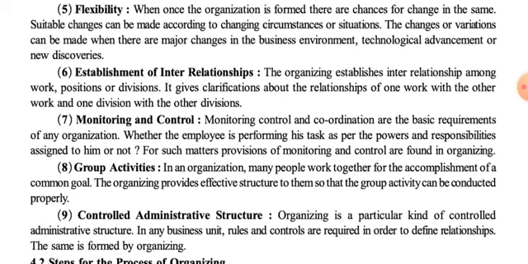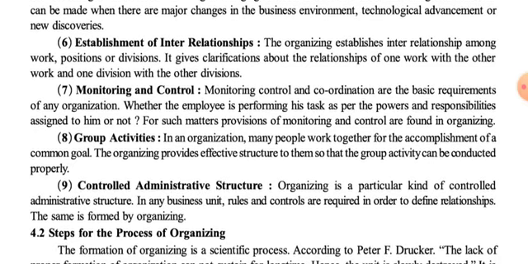So the main work of monitoring and control is to see whether the employee is performing his task as per the power and responsibility assigned to him or not, and if they are not working according to the power and responsibility, then they can be corrected with the help of control. And for such matters, provisions of monitoring and control are found in organizing.